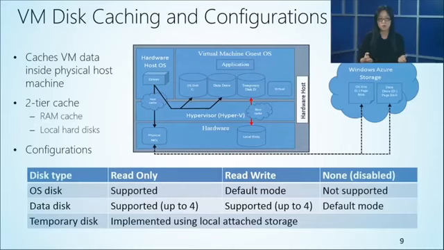So it is really confined in size in that sense. And in terms of disk caching configurations, they vary depending on which disk we're talking about. First, let's take the temporary disk out of the picture because it is not actually implemented as a VHD, so it's really not applicable for it.